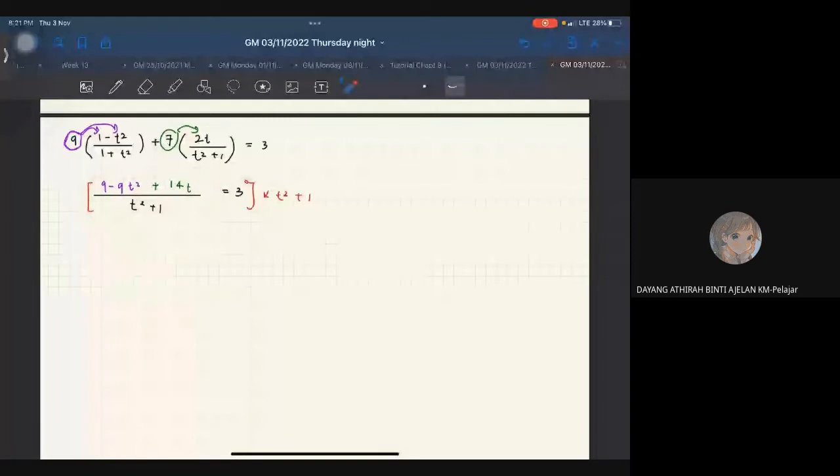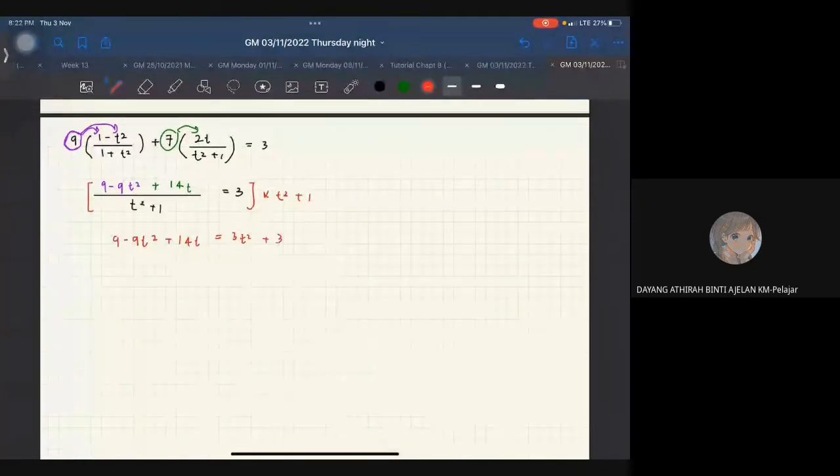Okay, and then on the right hand side, you are going to multiply 3 with every denominator tadi. Okay, so you will get 9 minus 9 t square plus 14t, which is equals to 3t square plus 3.